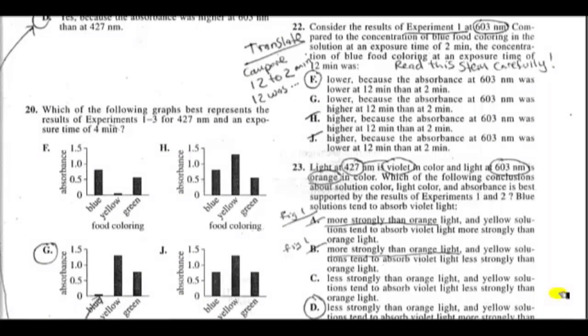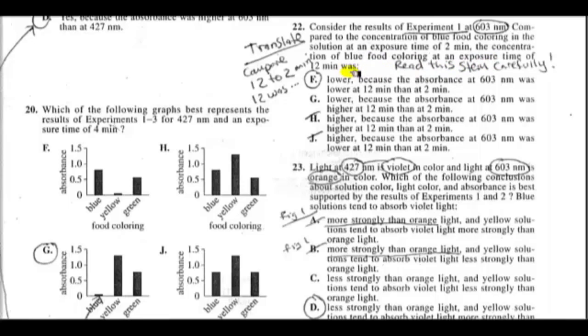Test 69A, Science Practice Problem number 22. Number 22 states, considering the results of experiment 1 at 603 nanometers compared to the concentration of blue food coloring in the solution at the exposure time of 2 minutes, the concentration of blue food coloring at the exposure time of 12 minutes was.